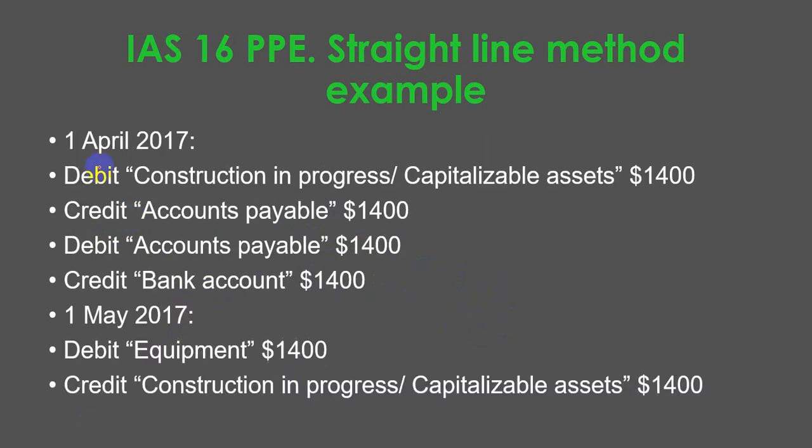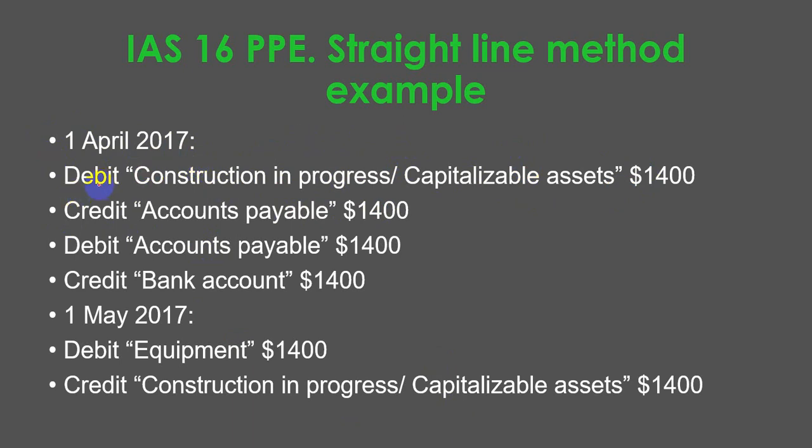So, let's look at other journal entries, which also must be made. At the date of purchase, we should debit our account for capitalizable assets or for capitalization of assets which are not ready for use.